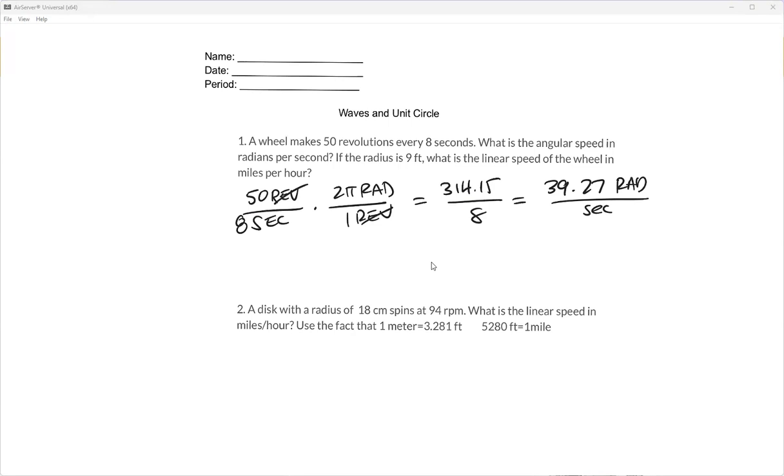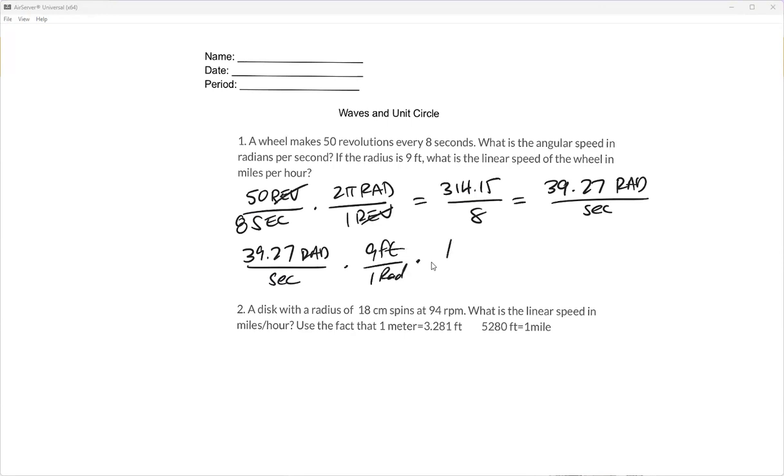So now from the 39.27 radians per second, you multiply that by the radius, which is 9 feet over 1 radian, right? And then convert this, we need to get miles per hour.